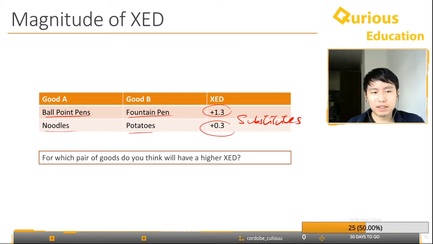So you're more likely to not buy ballpoint pens when you have a fountain pen compared to having noodles and not buying potatoes, because in essence, potatoes and noodles are comparatively different products.